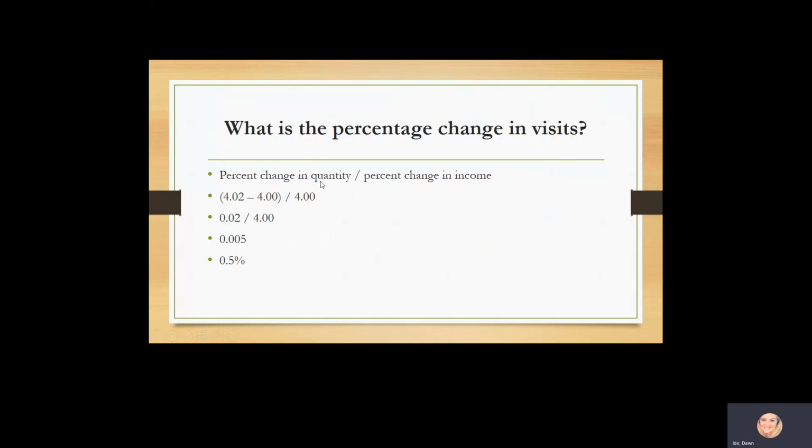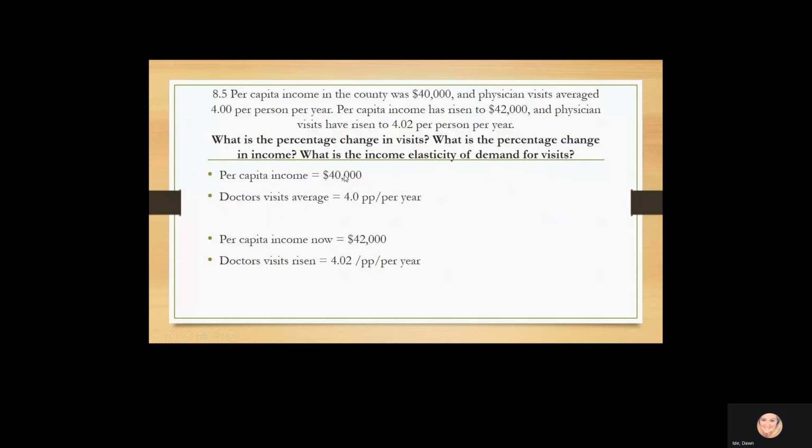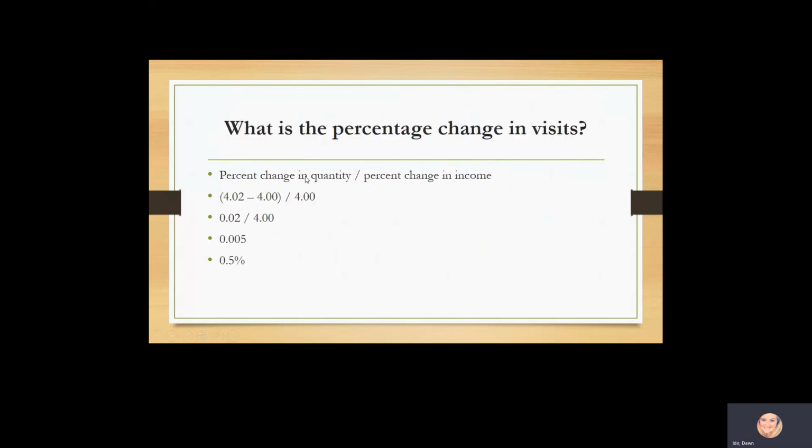So what was the percent change in quantity? In quantity, so that means how many visits, right? We were going 4 times per person per year. Now we're going 4.02. So all we have to do is do the percent change in quantity.